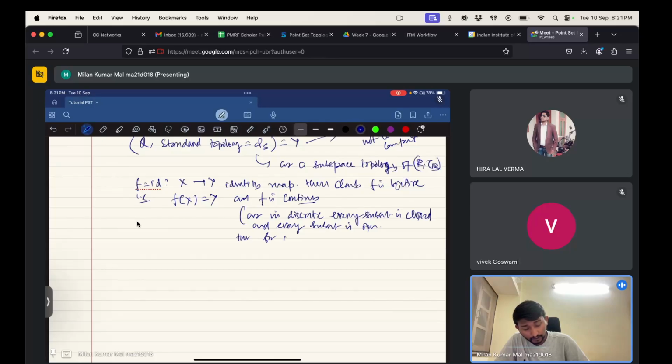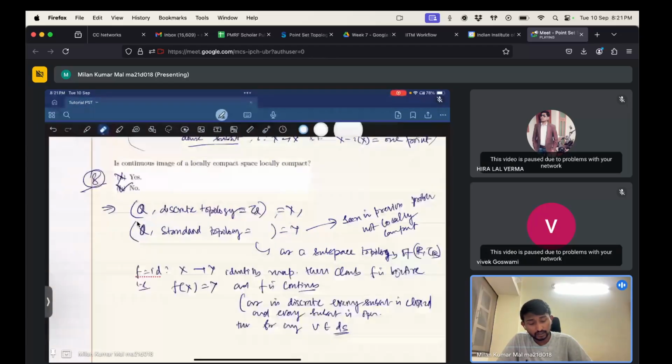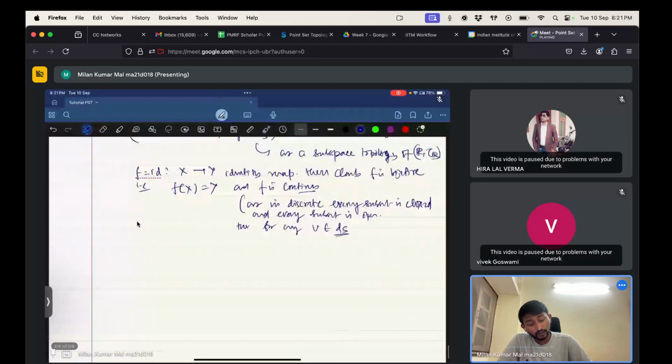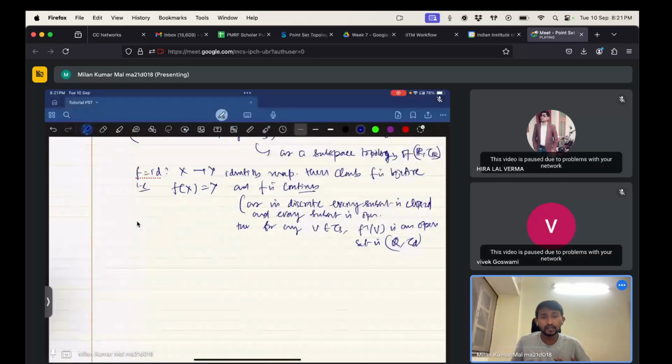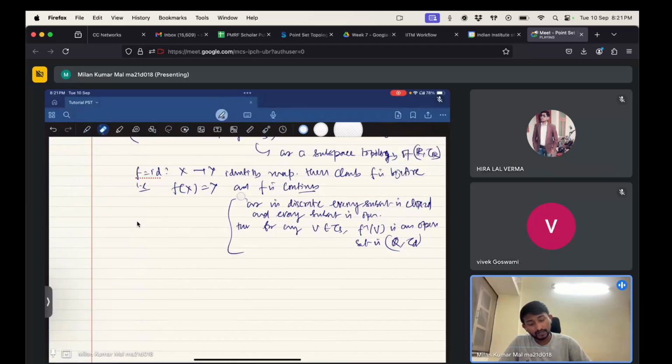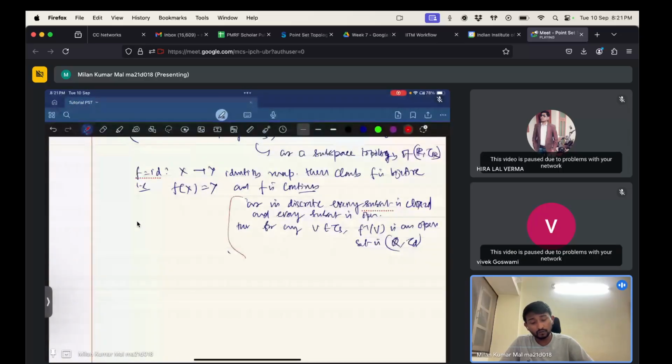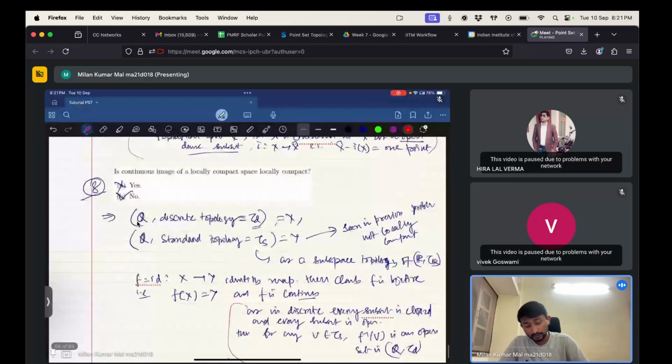Then for any open set U in tau s, the standard topology, f inverse of U is an open set in the rationals with the discrete topology, because the inverse image is the set U itself and U is open since every subset is open in the discrete topology. So the function is always continuous.